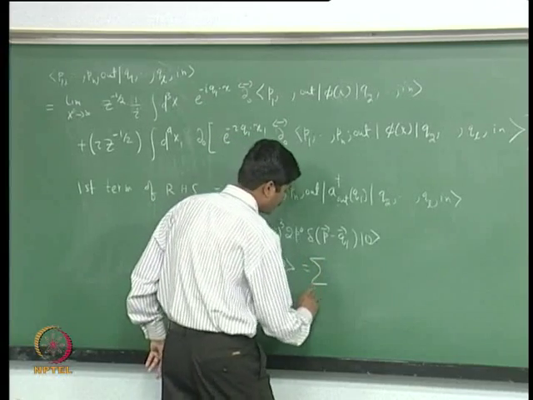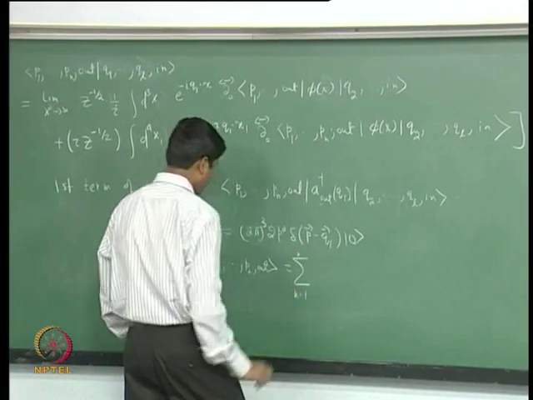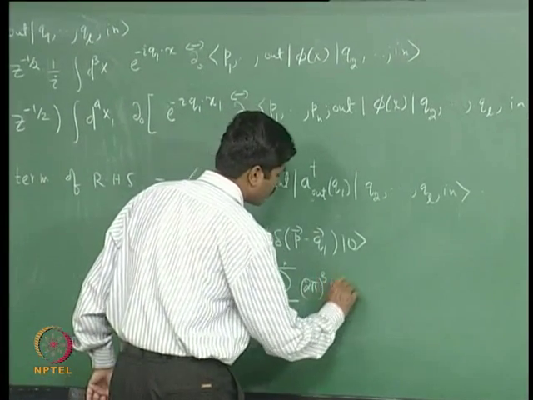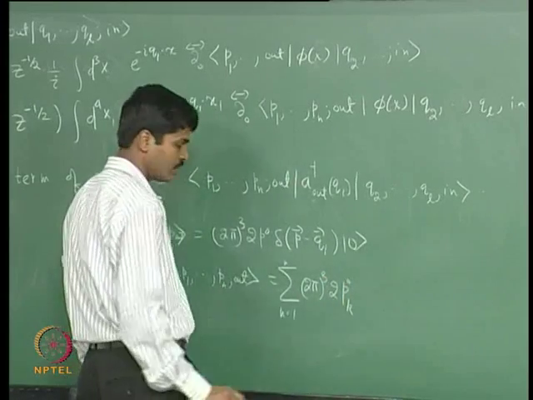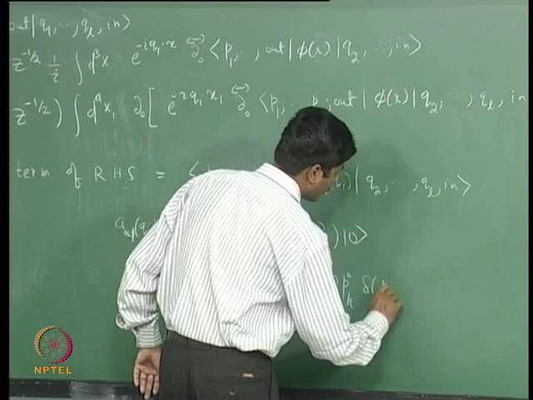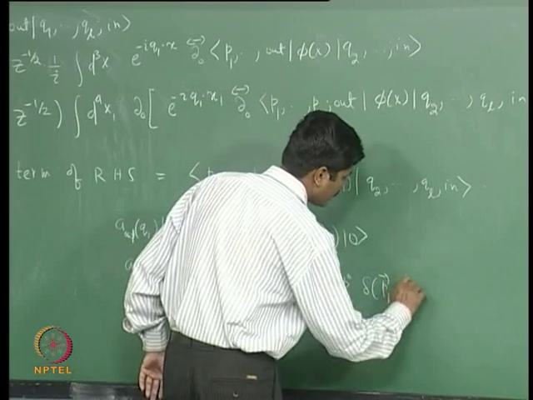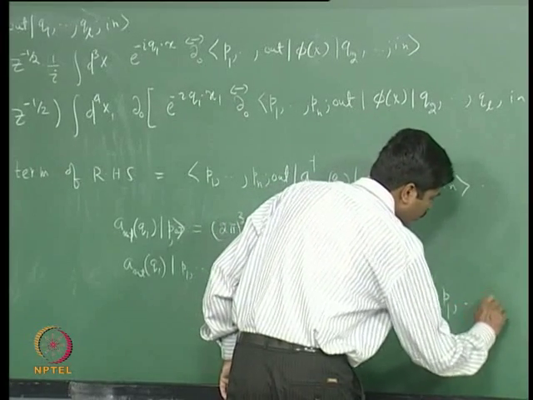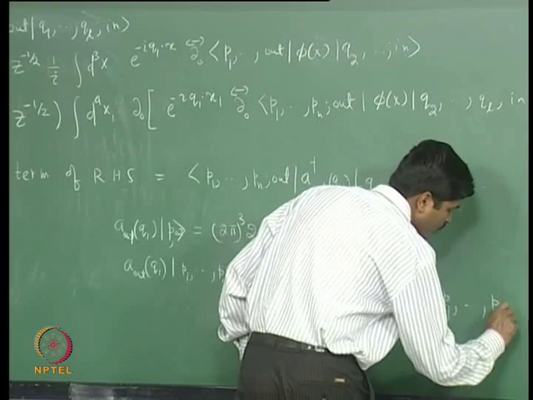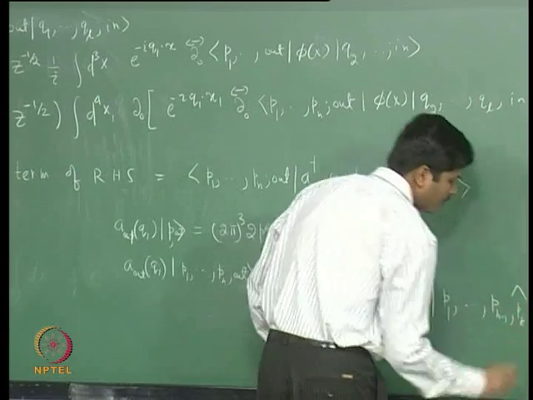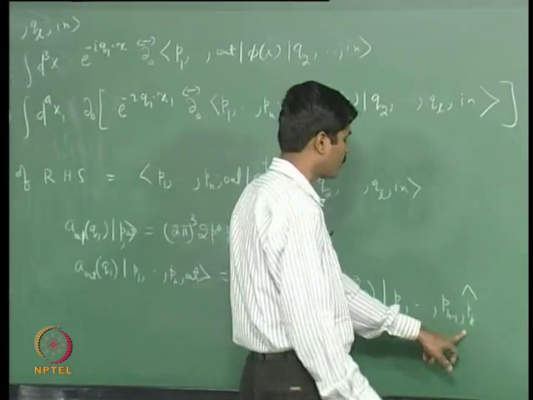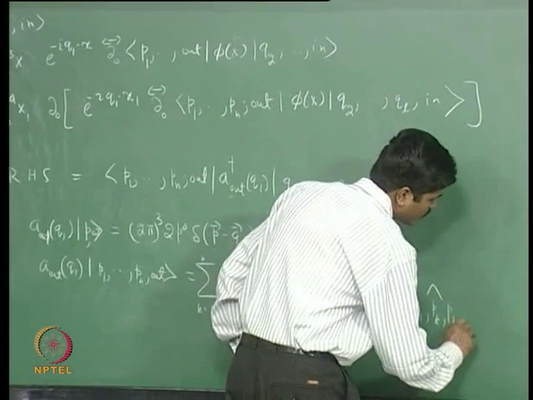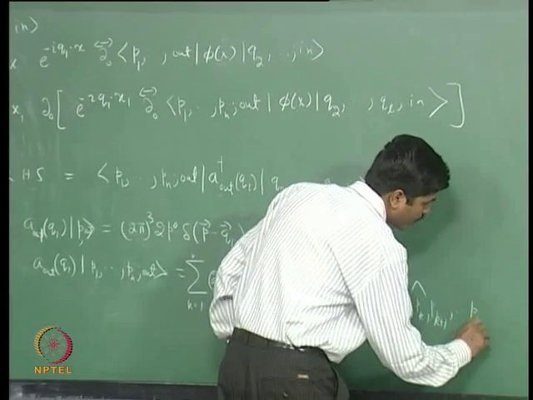So, sum over k runs from 1 to n, (2π)^3 2p_k^0 delta of p_k minus q1, and this is |p1 up to p_k minus 1, p_k hat, p_k plus 1 up to p_n; out>. I will put a hat here to indicate that this momentum is absent.